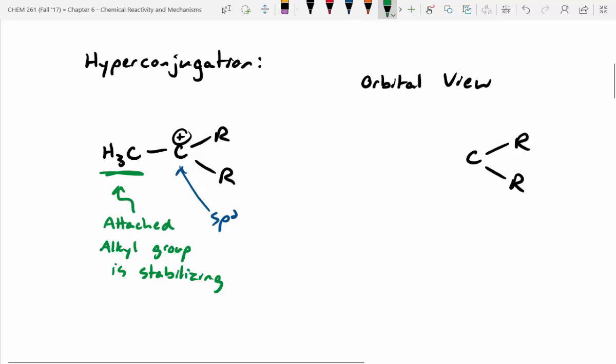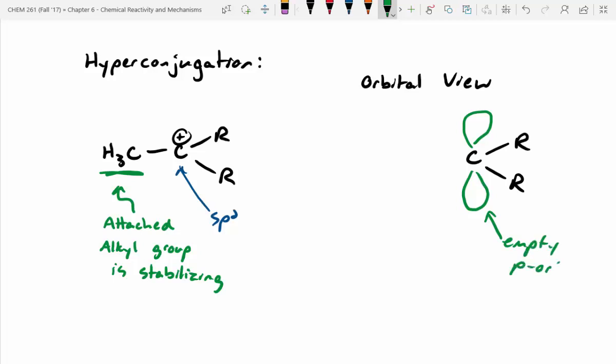The empty p orbital, right? Okay. Now let's think about this carbon over here on the left-hand side. Is that sp2, sp3, sp? sp3.